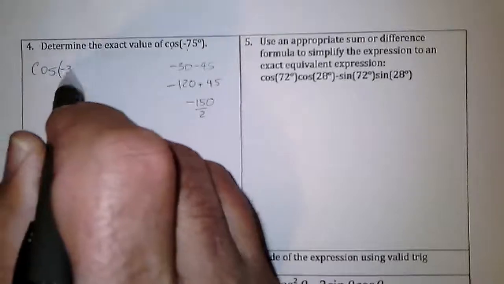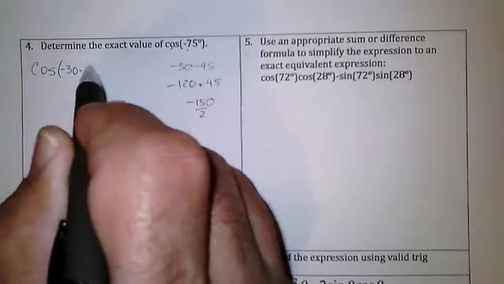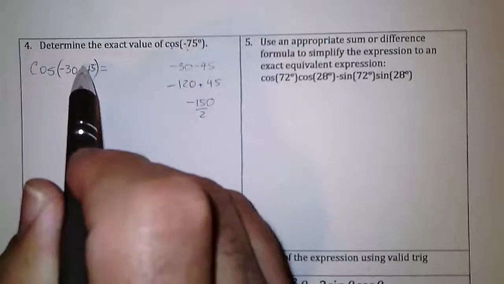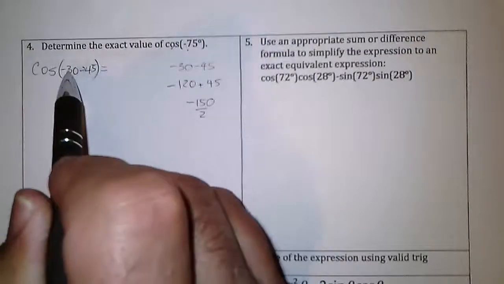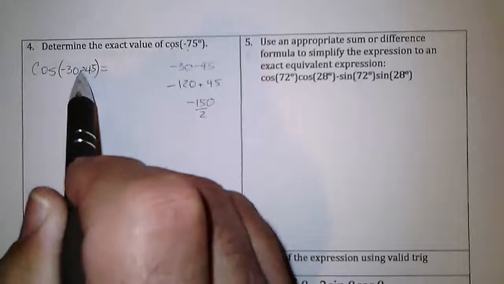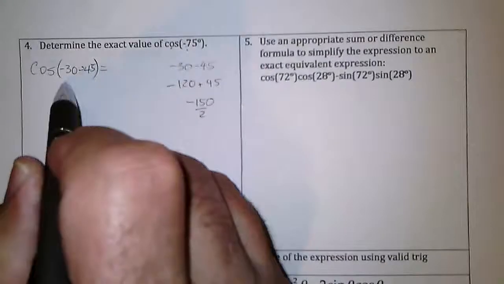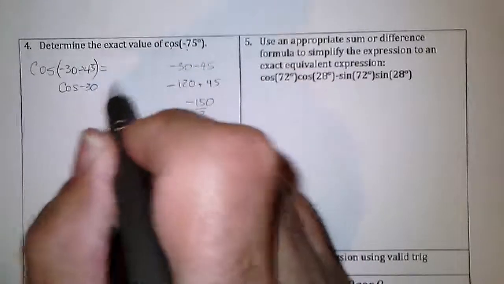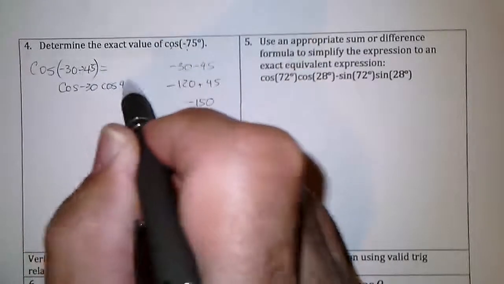of negative 30 minus 45, if I use the cosine formula for minus, then I would have a negative angle and a positive angle because I'm using the formula with the minus. So this would be the cosine of negative 30, cosine 45.